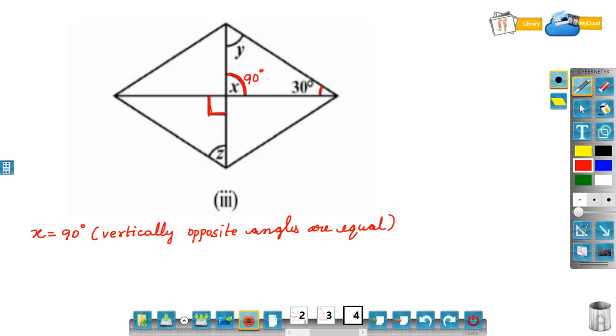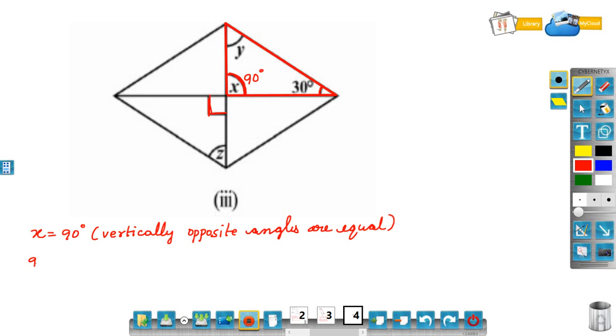We can find angle y. How? See here, x, y and 30 degree. These are the angles of triangle. So sum of the interior angles of a triangle is 180 degree.